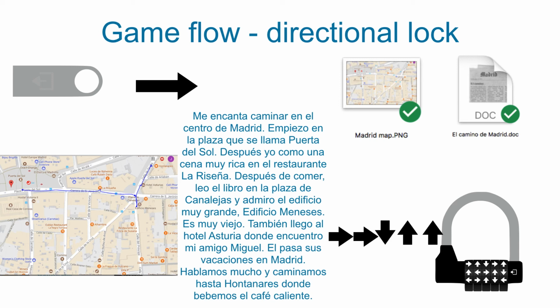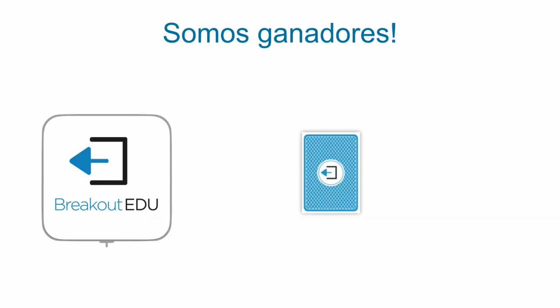So they would need to trace the map, and then we'll give them solutions for the direction lock, which is right, down, up, and up. And voila, that's it. As they open the lock, they have reflection cards with reflection questions and some kind of a prize for them, and they are the winners.